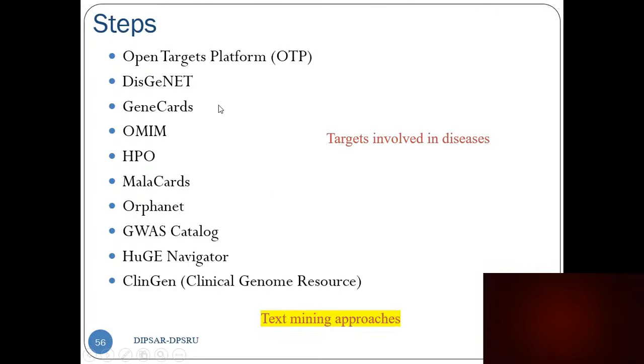Yes, for example, this Open Targets Platform is also providing you data, one of the sources being literature. DisGeNET is also providing one of the sources, literature. This one is also one of the sources, literature. So, for example, you got P53. Even if the sources are different, you can still get the same target.